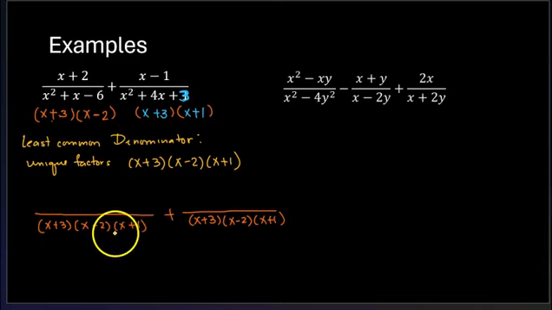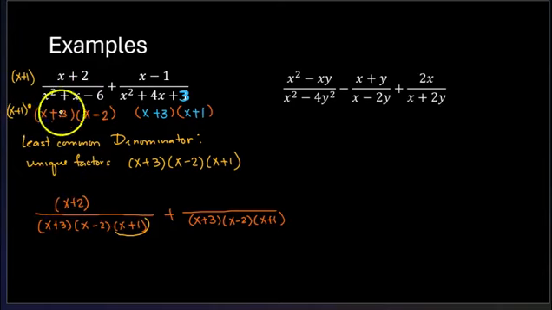So if you compare, what we did here is multiply this by x plus 1 to get this denominator. So what we're saying is you also have to multiply the numerator by x plus 1. The numerator is x plus 2, but since we multiplied x plus 1 in the denominator, you also have to multiply x plus 1 in the numerator.